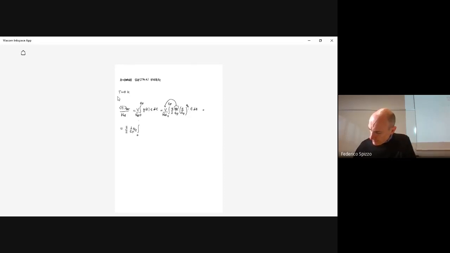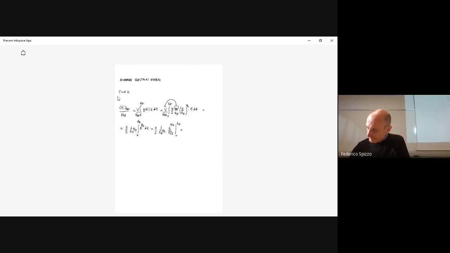And then the integral from 0 to EF of the energy to the power of 3 divided by 2 times dE. Then the integral is E to the power of 5 divided by 2, divided by 5 divided by 2, evaluated from 0 to EF.